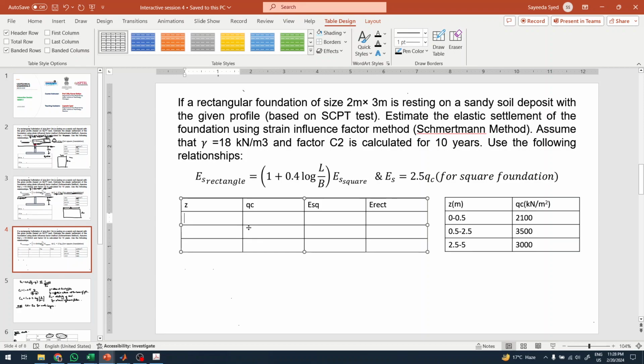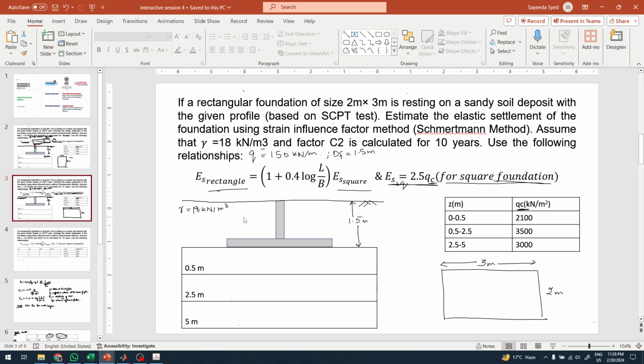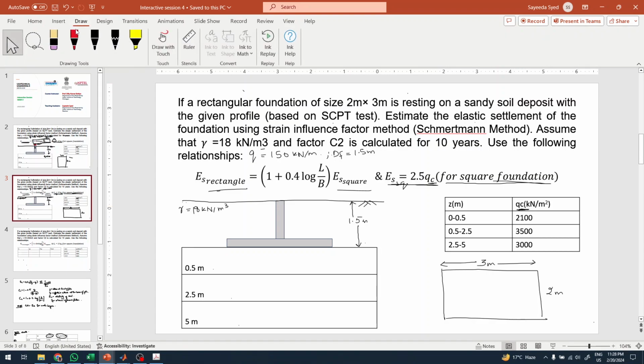Let us actually write H here, because we already know the Z. Z is 0 to 0.5 meter below the base of the foundation. See here, Z starts from here. The Z will start from here.